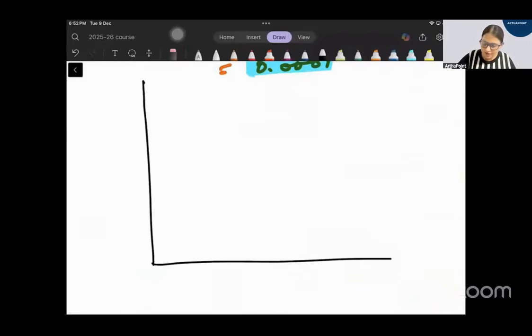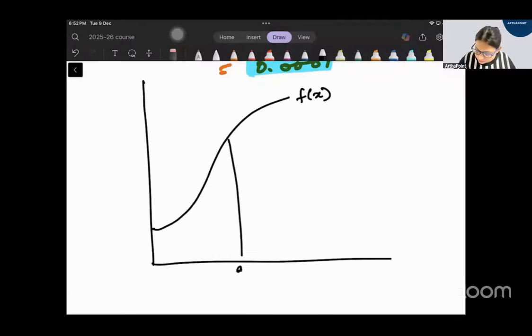So let's say I have a graph. This is my function. Okay, let's say I take a. And let's say here I am approaching a from both the sides. Of course here I may have the value of the function, when I put a I get some value of the function.